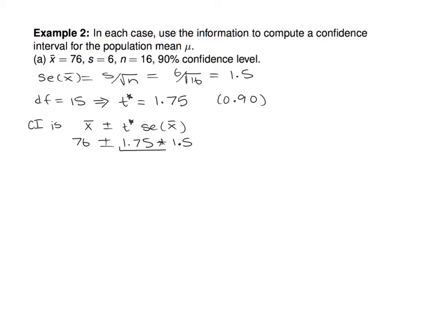Remember that you do this part first. And on the lower end, we end up with about 73.4 to 78.6. And it'll be pretty smart to pause me right now and make sure that you can actually get that number. I did do some rounding, but just double check that you get something awfully close if you do the math yourself.